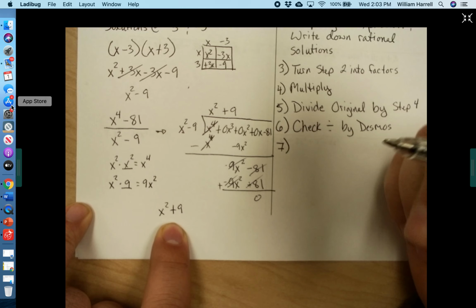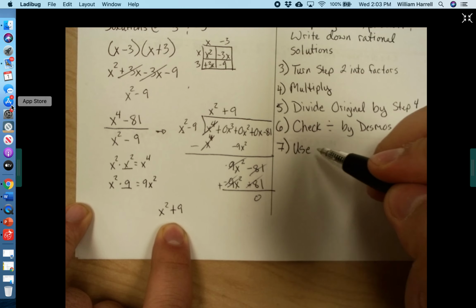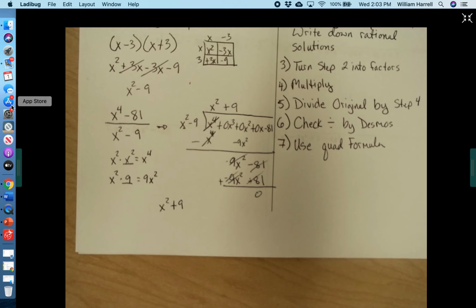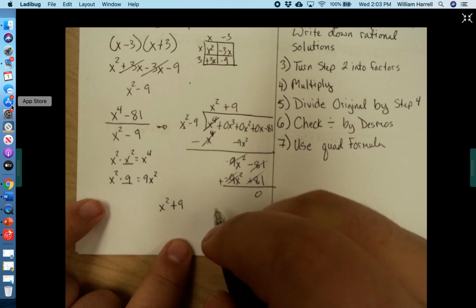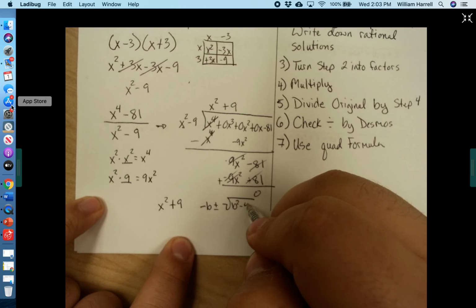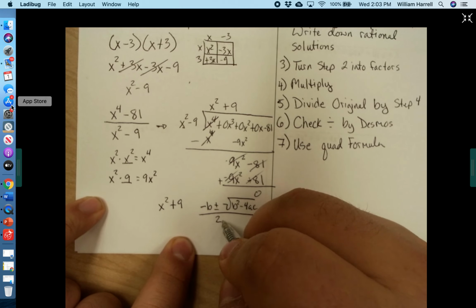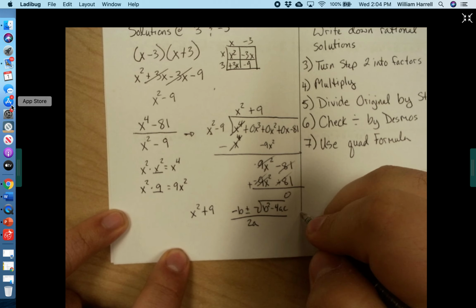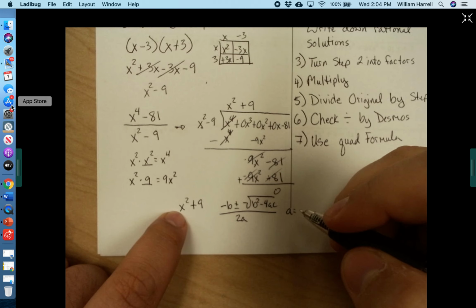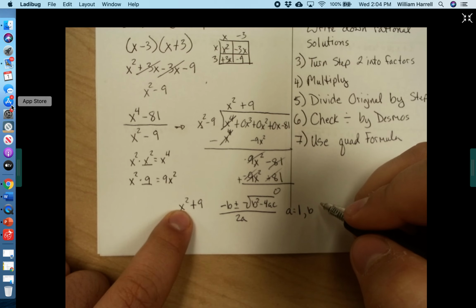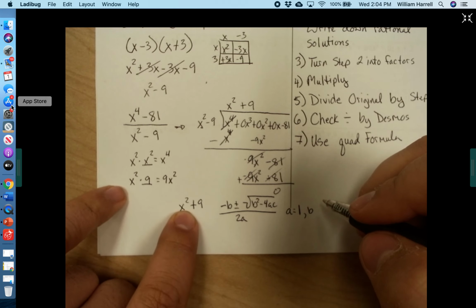Step 7 is going to be use quadratic formula. Again, quadratic formula: negative b plus or minus square root of b squared minus 4ac, all of that over 2a, where a is your coefficient of the x squared term, which is 1. b is your coefficient of your x term, or your linear term.